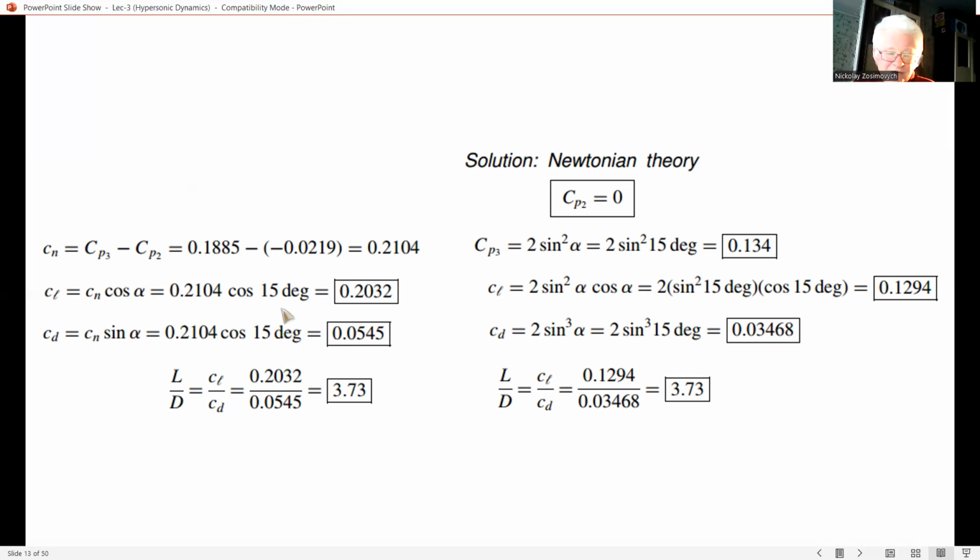And in the same way, we can finally find the relation for L to D. It will be, for the same area, simply the coefficient ratio CL over CD. And that gives us 3.73 for our exact solution.